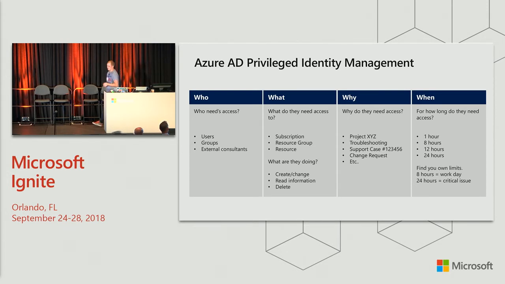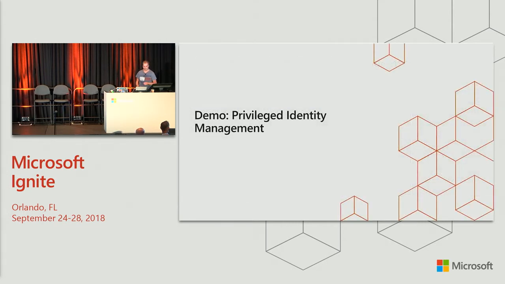Another one is for 24 hours. So if we're working on a critical issue, something went wrong, we need to fix it. We don't want to keep elevating our rights. We just want it to work. So that's another way of doing it. So let's try and have a look at that.